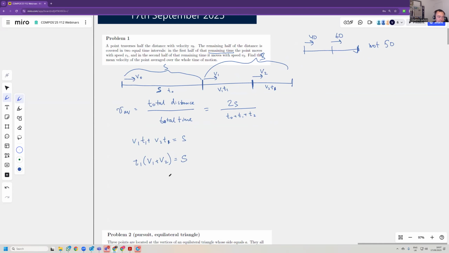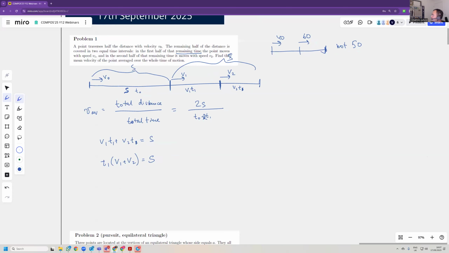Then we have 2T1 in here. The time T0 is S divided by V0.